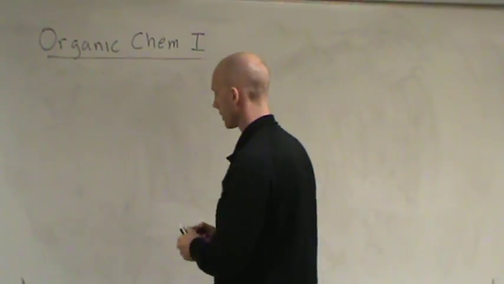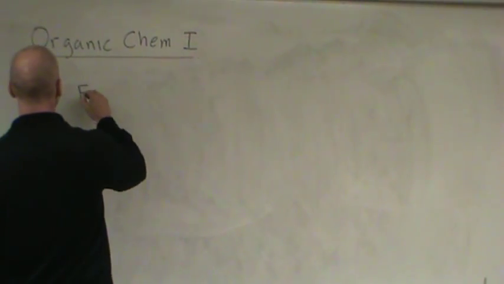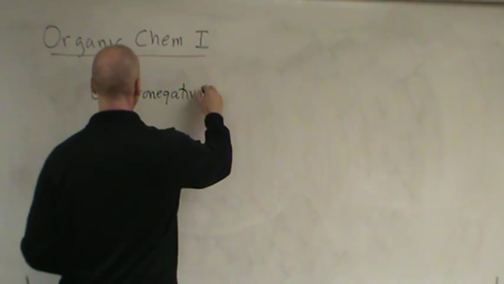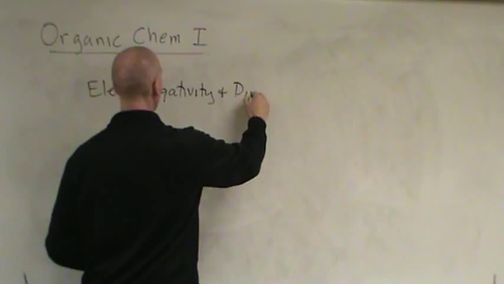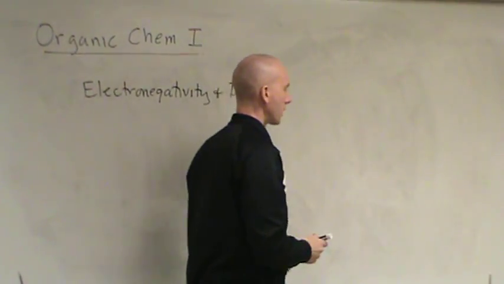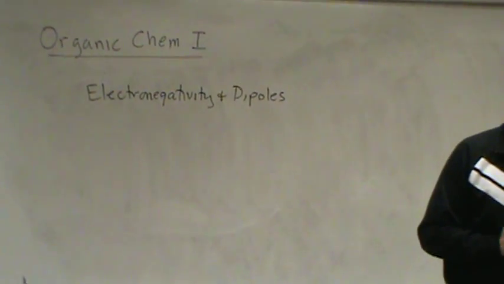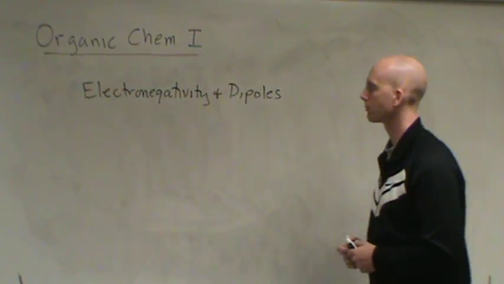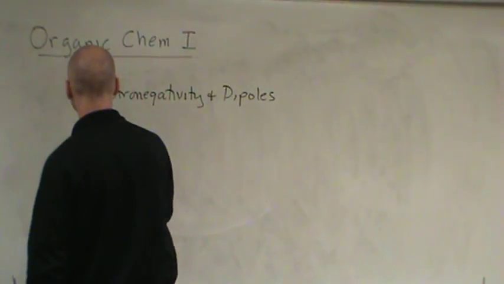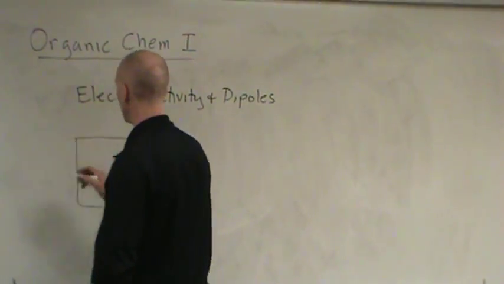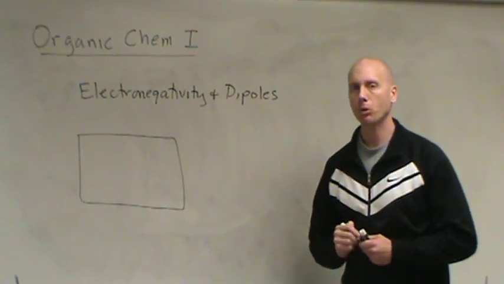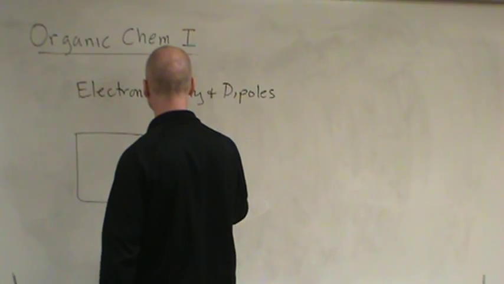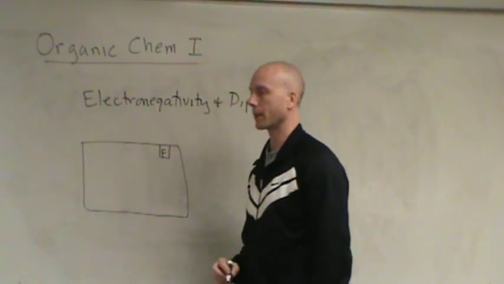Okay, let's look at electronegativity and dipoles. Another important topic. If we were to draw a picture of the periodic table, remember that the most electronegative atom was fluorine.